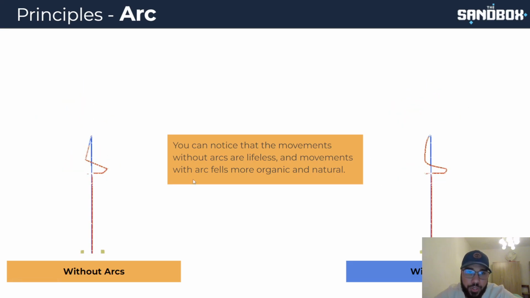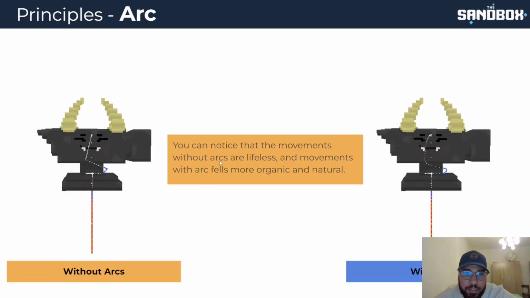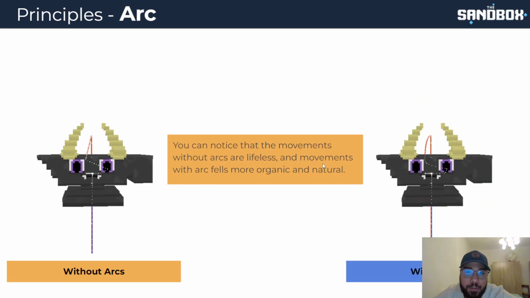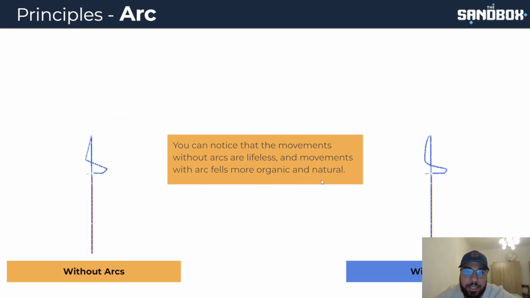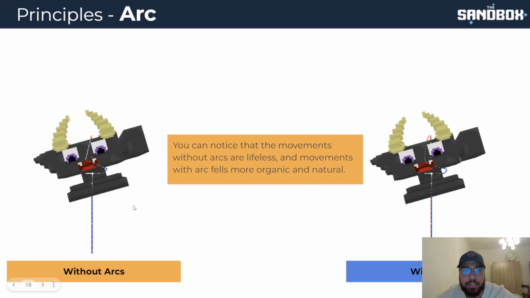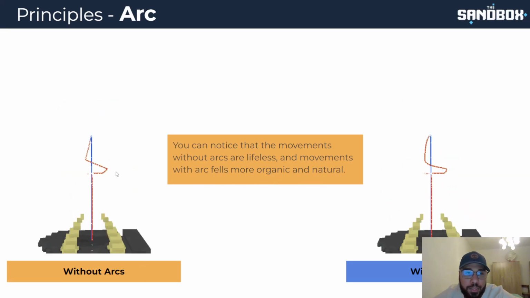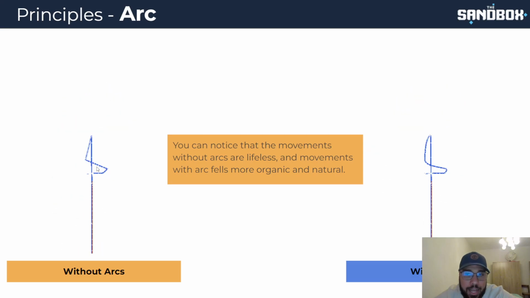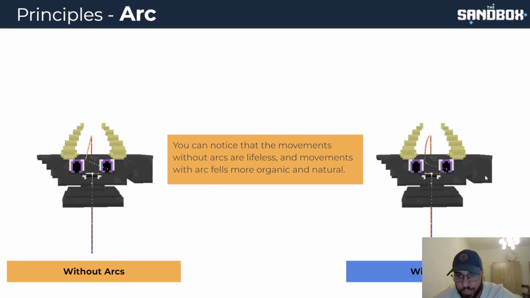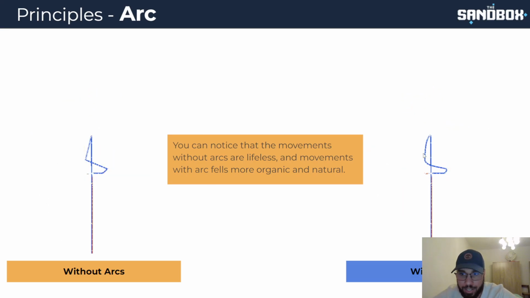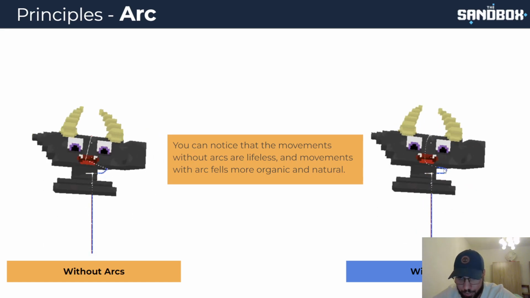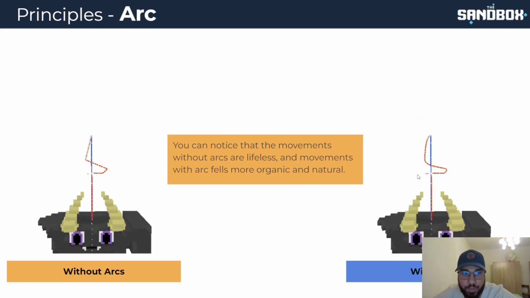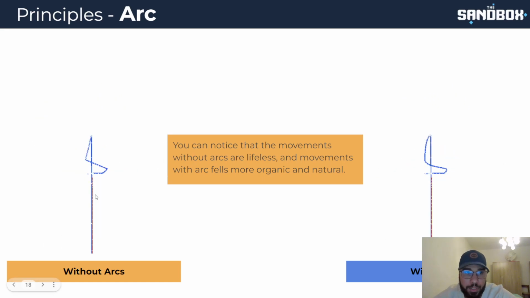So here you can notice that movements without arcs are lifeless and movements with arcs feel more organic and natural. Here again, guys, I used linear movements. You can see they are just straight lines. Even if the change is lively, the arcs are pretty slight. You can see the difference between the movements.